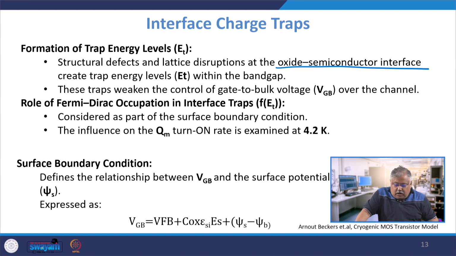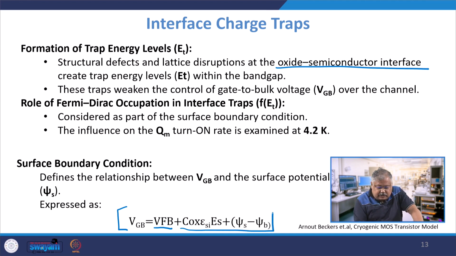Now we need to look into the value of the mobile charges at 4.2 Kelvin, and how it affects the overall principle here. So if you look at the surface boundary conditions, I say that gate voltage can be broken down into flat band voltage because of the metal semiconductor flat band, plus Cox times epsilon into Es into psi s minus psi b.